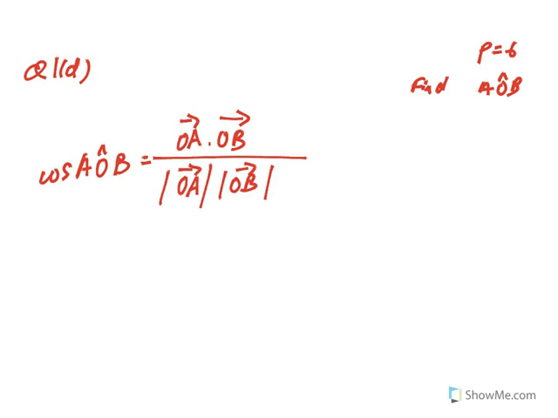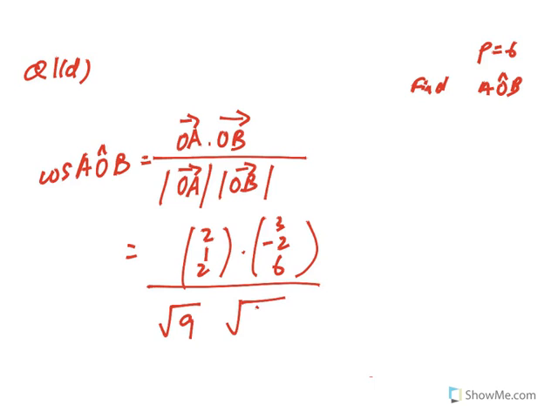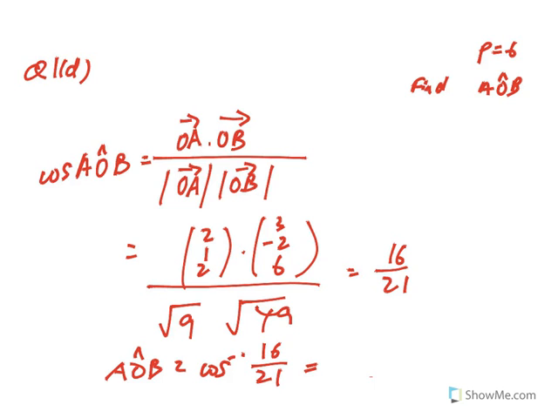Very good. Then (2, 1, 2) dot product (3, -2, 6), over square root 9 times square root 49. The answer comes out 16/21. Can all get this? Then for angle AOB, you just take cosine inverse of 16/21. The answer asks for the nearest degree, so approximately 40 degrees. That's all.